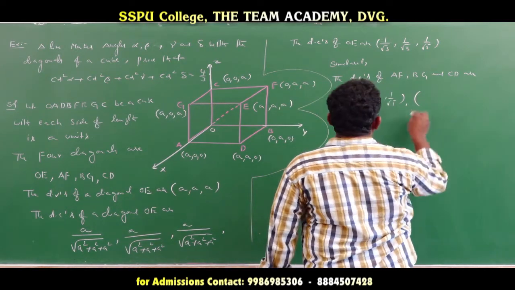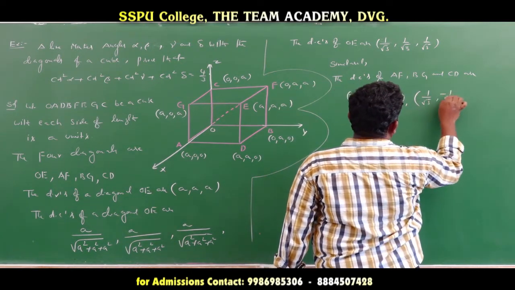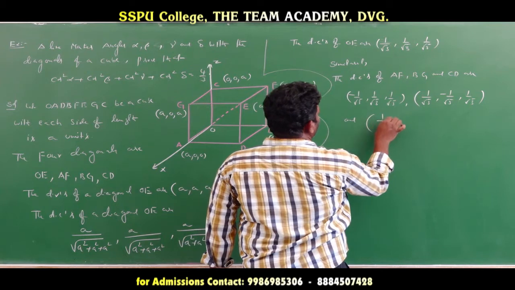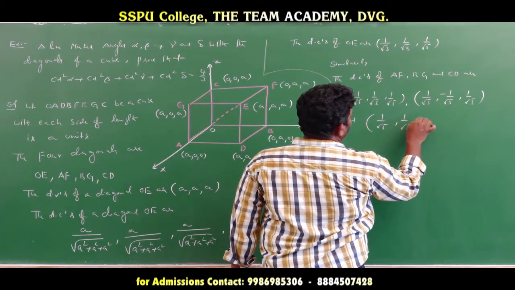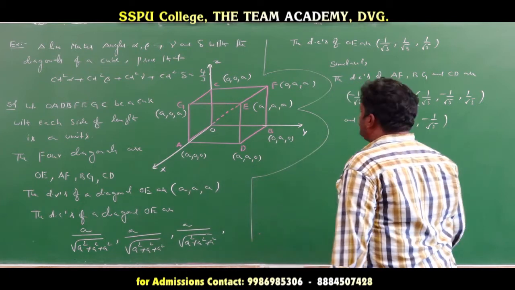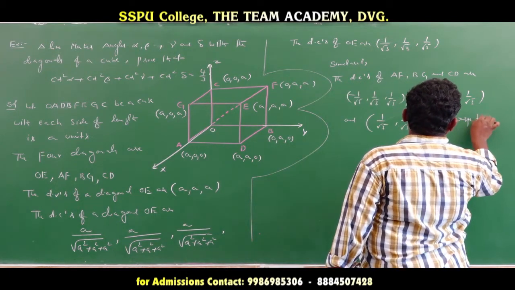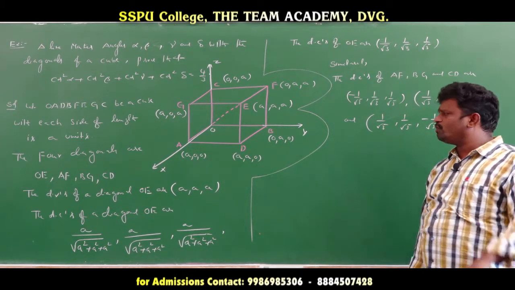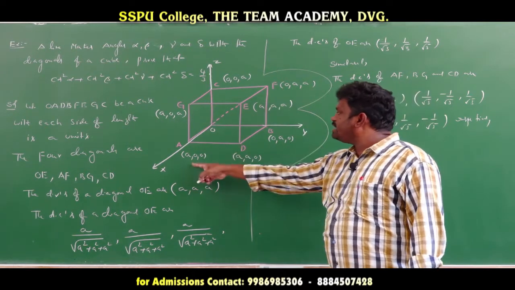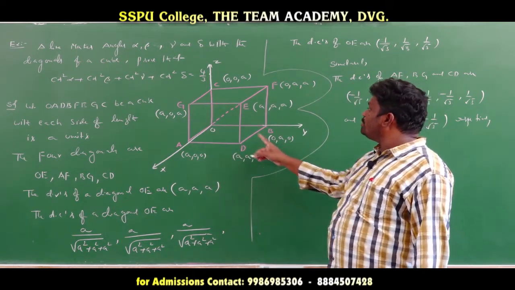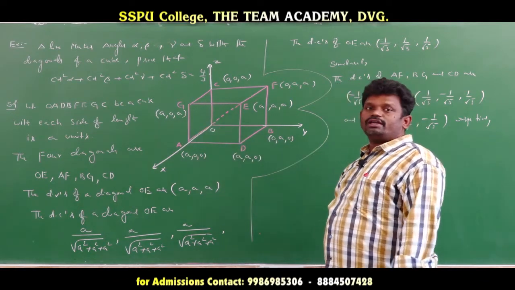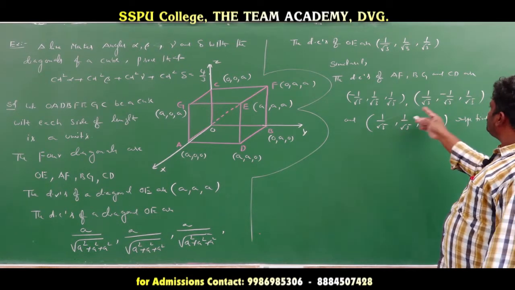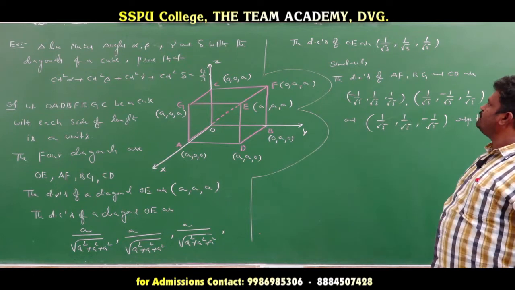Alternatively, 1 by root 3, minus 1 by root 3, 1 by root 3, and again 1 by root 3, 1 by root 3, minus 1 by root 3, respectively. Why do we give the minus sign alternatively? Because for AF we get 0 minus a, and for BG, 0 minus a, a minus 0, a minus 0. So for the diagonals the minus value is given alternatively. These are the direction cosines of the diagonals.